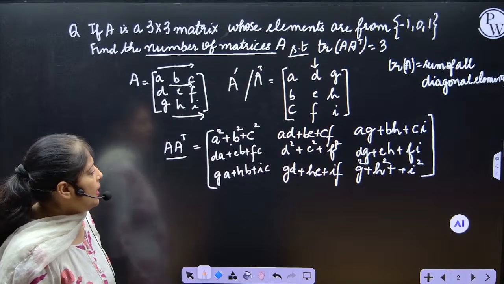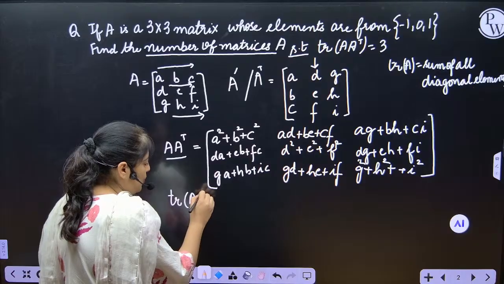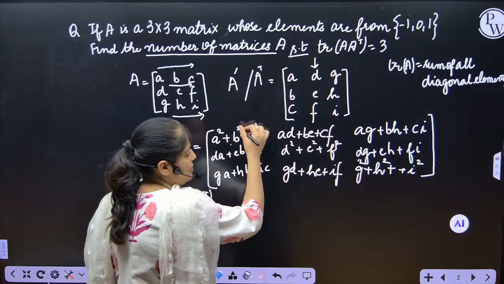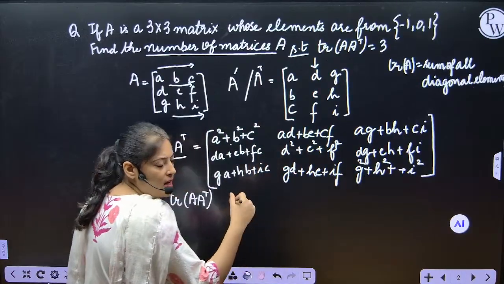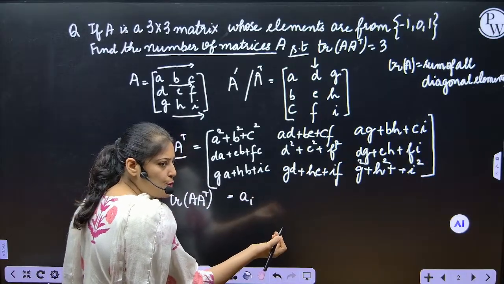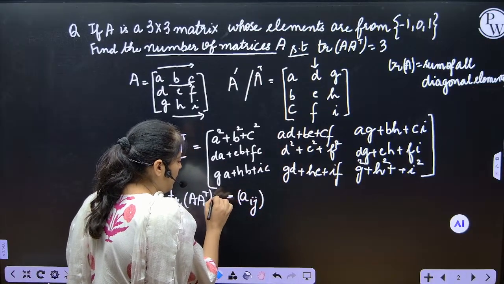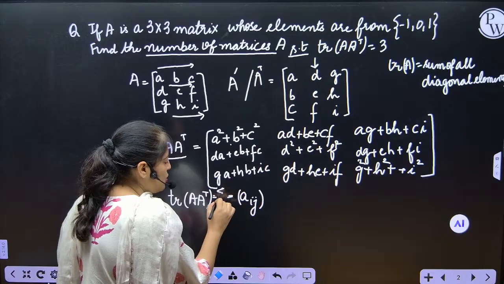Okay. Now see, trace of A A transpose. What does trace mean? Sum of diagonal elements. Sum of diagonal elements is coming out to be nothing but A_ij whole square, where sigma will also come here.